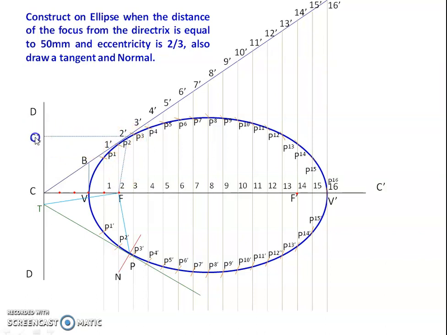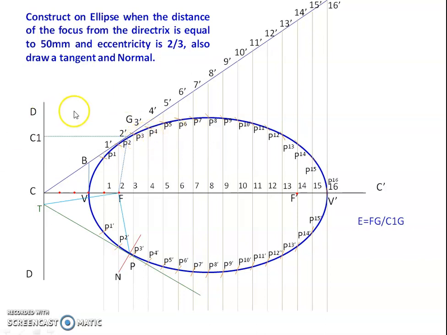That is called C dash, and the meeting point will be called G. The ratio of FG to C1G should be equal to E, the eccentricity, that is around 0.666. Similarly, wherever you draw a line and extend it to the directrix line, that ratio should be equal to 0.66.